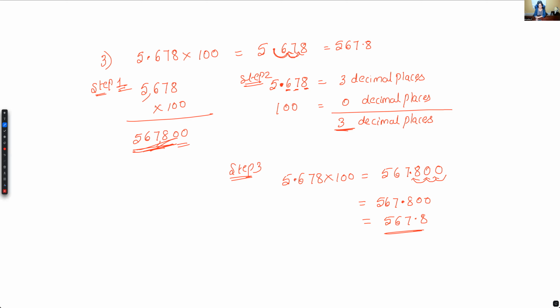So in step 3, we'll keep the decimal point. In the final answer, because we have 3 decimal places, you are jumping to the left 3 times and keeping the decimal point. And 567.800 is nothing but 567.8.